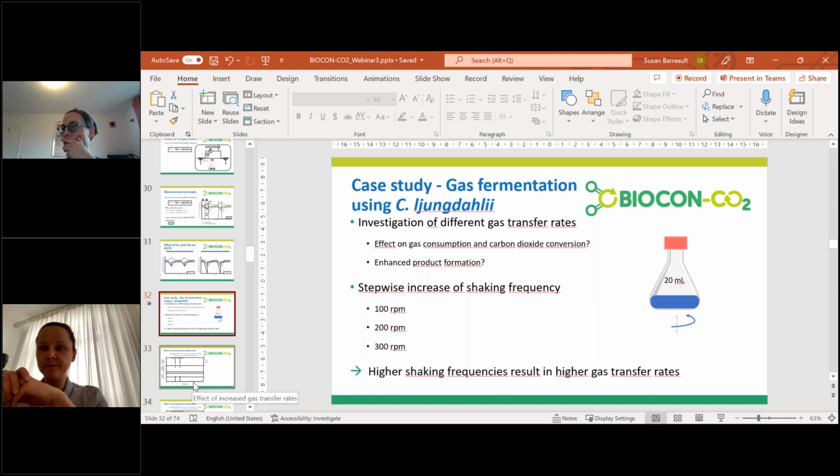The metabolism within Clostridium ljungdahlii is quite complex. It is converting carbon monoxide into CO2 internally, and then using some of it and exhausting another part of the carbon dioxide.